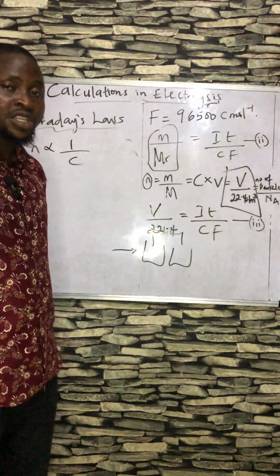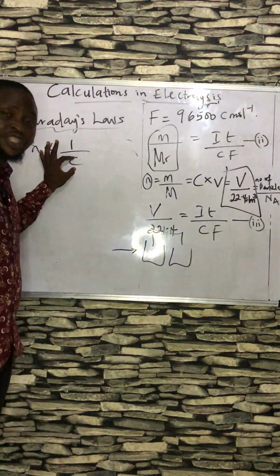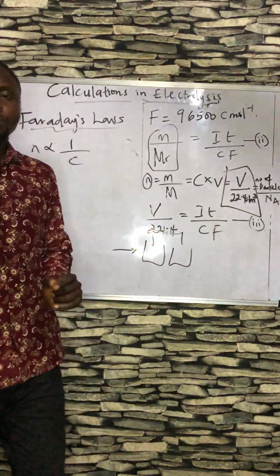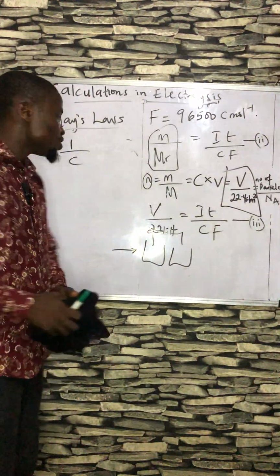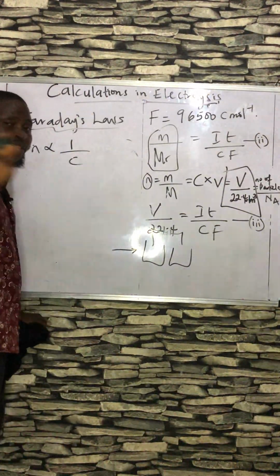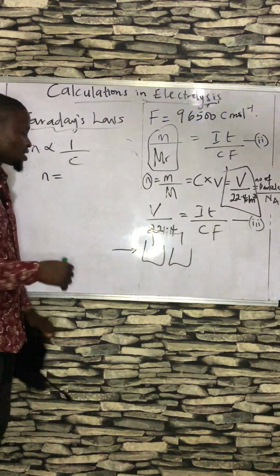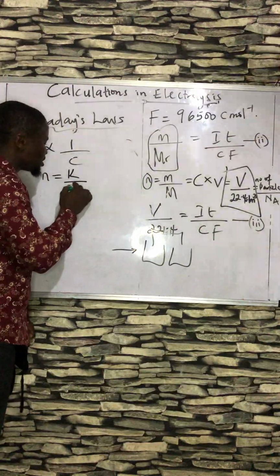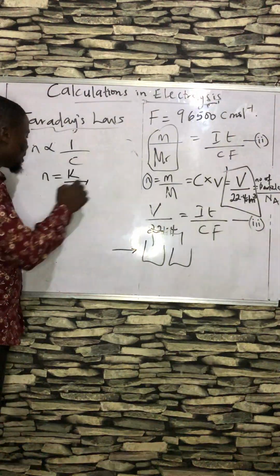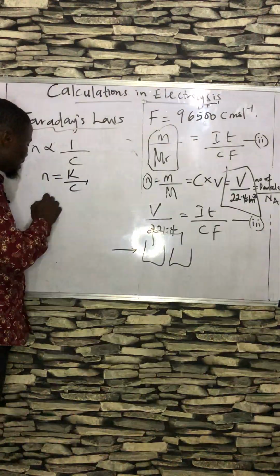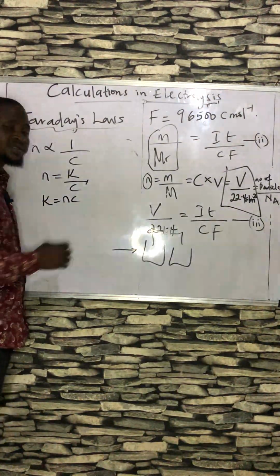All right? It therefore means the higher the charge, the lower the number of moles of the element being discharged. So invariably, just like we did in the first law, number of moles is equal to, we introduce the constant of proportionality, K. And then we have K is equal to NC.